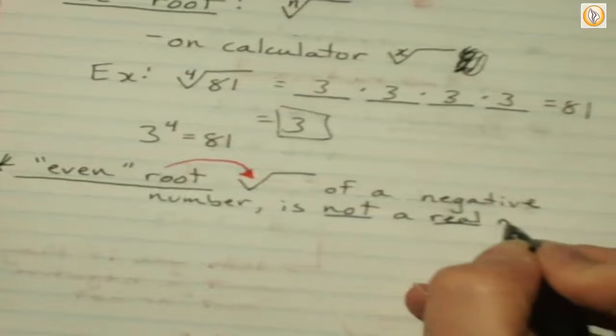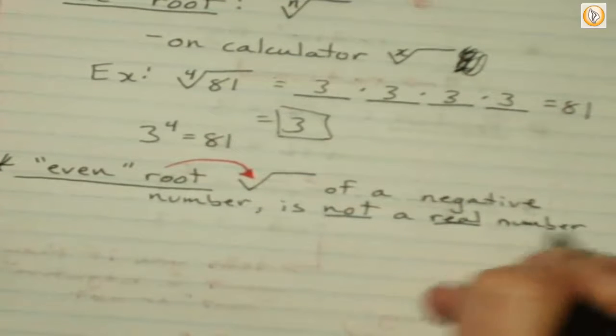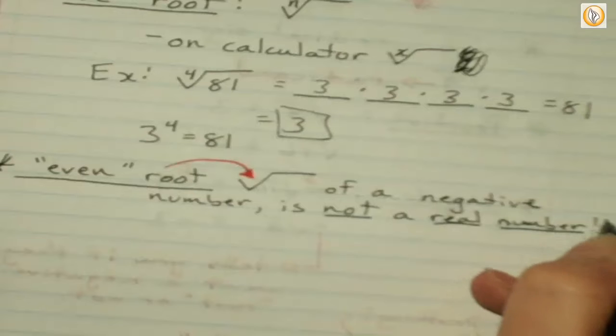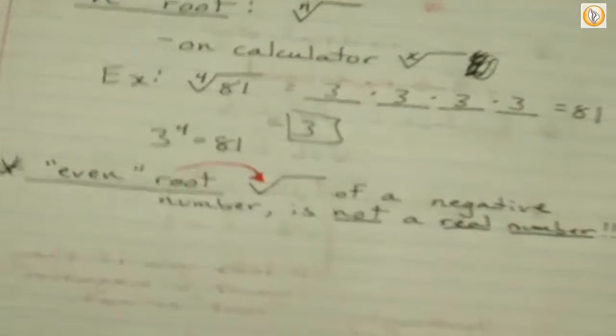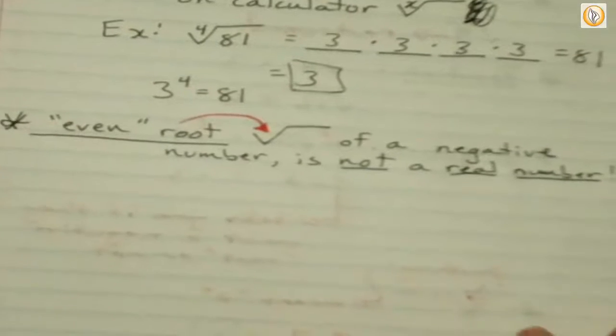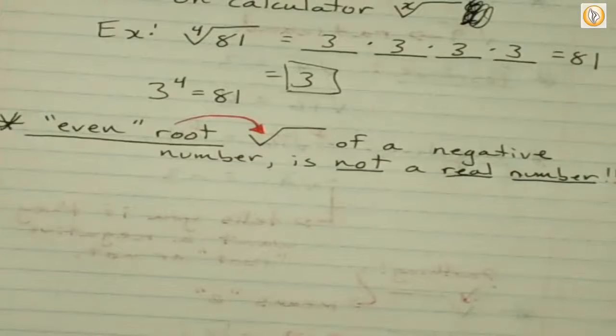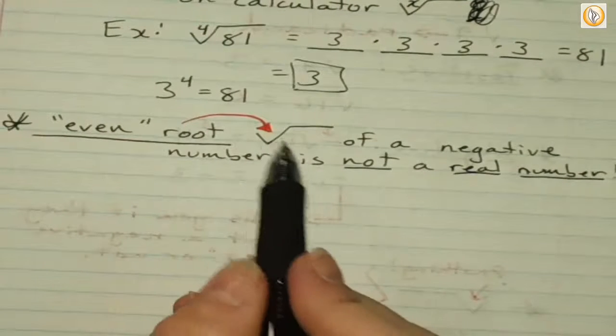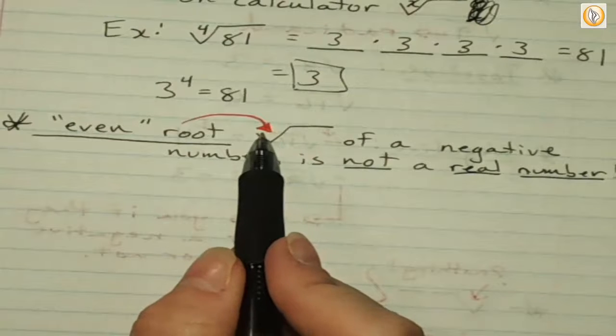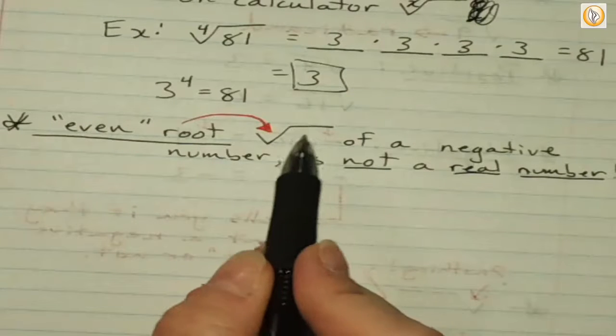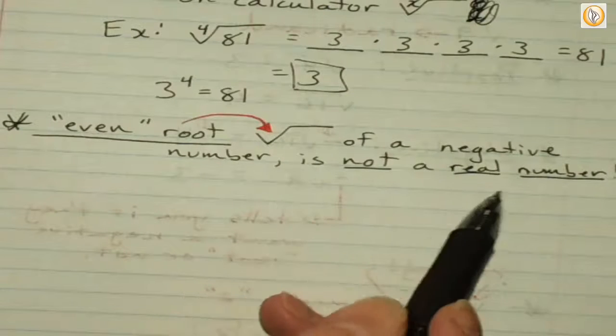It's fake. So if the number right here is even and the radicand is negative, it is not a real number.